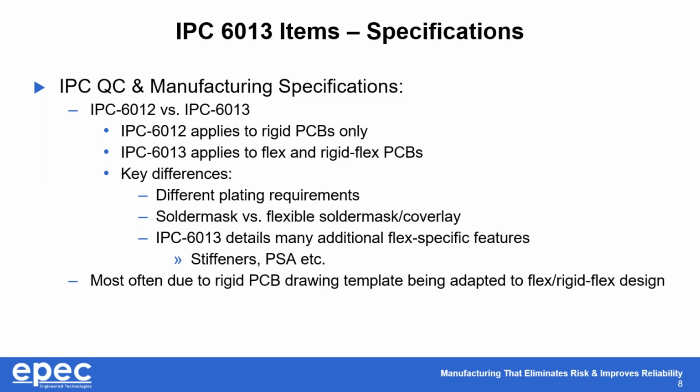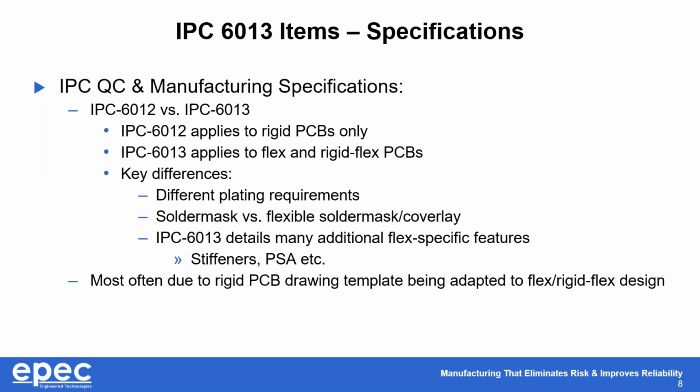Now, regarding IPC QC and manufacturing specifications, one of the main things we'll see is IPC 6012 versus IPC 6013, where 6012 applies only to rigid PCBs and 6013 applies to flex and rigid flex PCBs.